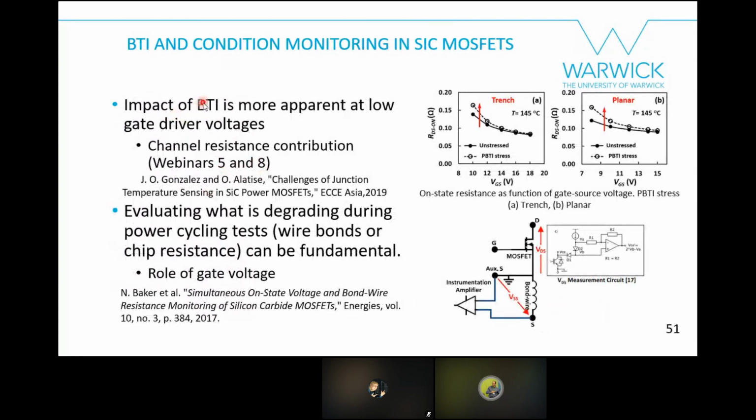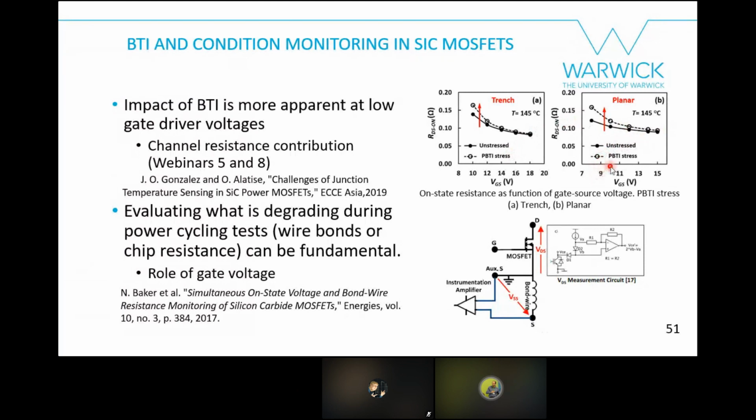As was mentioned in webinars 5 and 8, the impact of BTI is more apparent at low gate driver voltages. That's just the contribution of the channel resistance. You can see that in the case of a PBTI stress, for both a planar and a trench device, if you're driving the device at the nominal gate voltage, the impact of BTI is not very high, probably 5 to 7%.